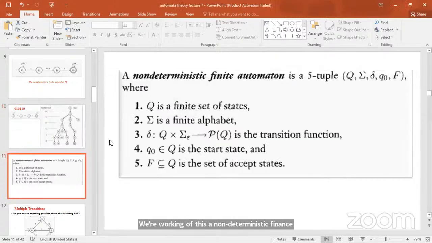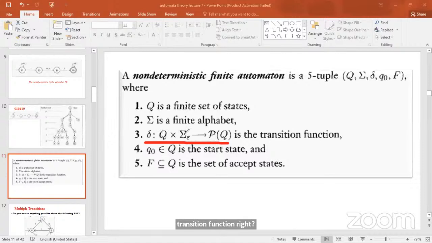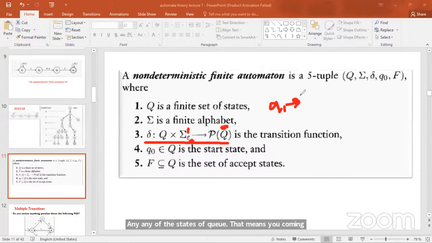So formal definition, you have the non-deterministic finite state automaton is a 5-tuple, just like a finite state automaton. The only thing that differs is the transition function, right? Which is that the set of states upon the receipt of the set of symbols and empty sets, you can move to another state P, which is a subset of Q. Any of the states of Q. That means you can move from Q1 and you read a 1, you move to Q2, and without reading anything, you can move to other states.